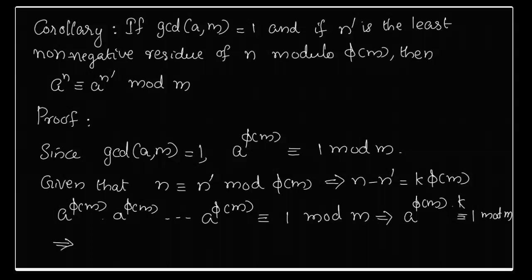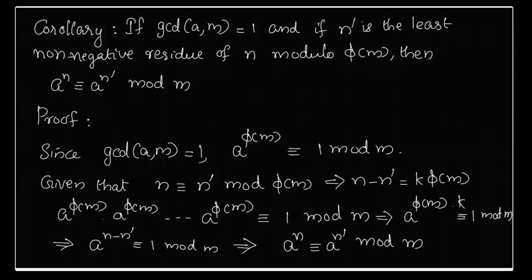But we have assumed that n minus n dash is equal to k into phi of m. So, we can replace this quantity by n minus n dash, that is A raised to n minus n dash is congruent to 1 modulo m, that is A raised to n is congruent to A raised to n dash modulo m, by multiplying this congruence relation by A raised to n dash on both sides.